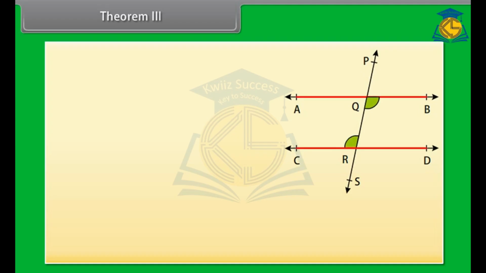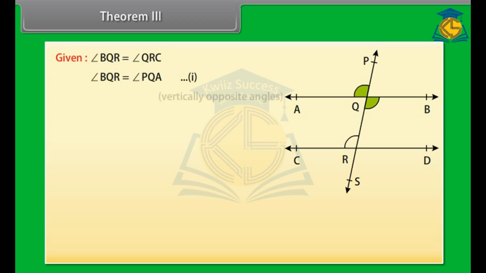Theorem 3. Now, using the converse of the corresponding angles axiom, we can show the two lines parallel if a pair of alternate interior angles is equal. Come, let us check. Here the transversal PS intersects line AB and CD at points Q and R respectively, such that angle BQR is equal to angle QRC. Also, angle BQR is equal to angle PQA because these are vertically opposite angles. Mark it as 1. But angle BQR is equal to angle QRC, given.